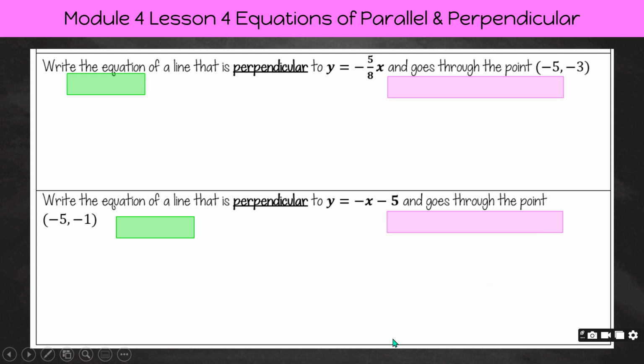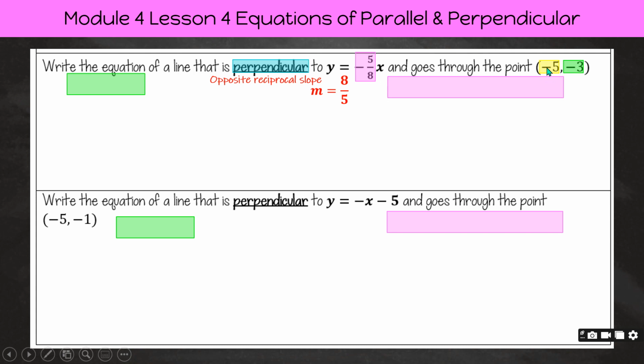Now, if we're writing an equation of a line that is perpendicular, remember that's our opposite reciprocal slope, and our slope here is negative 5/8. So our slope now is going to be a positive 8/5. That's what we're going to use for our slope in our point slope form or in our slope-intercept form when we go to find the equation of the line.